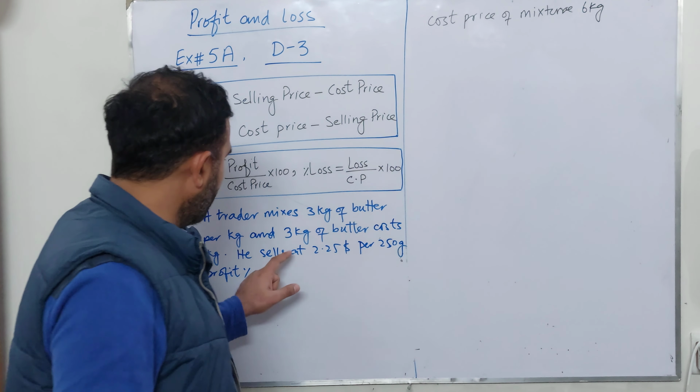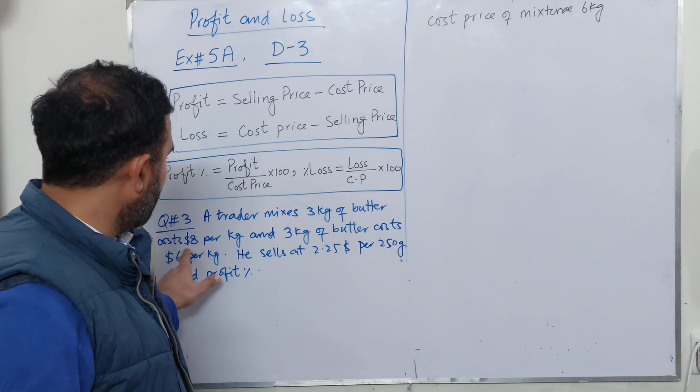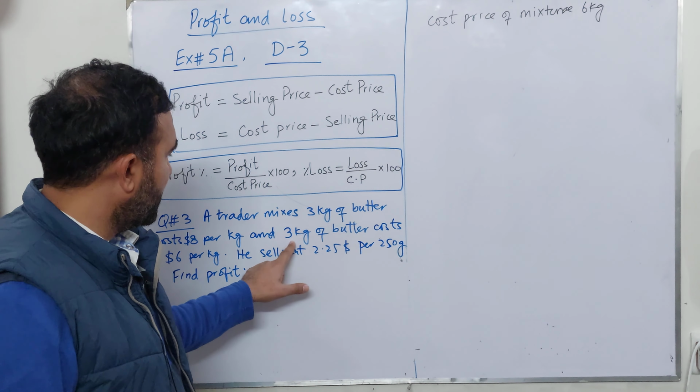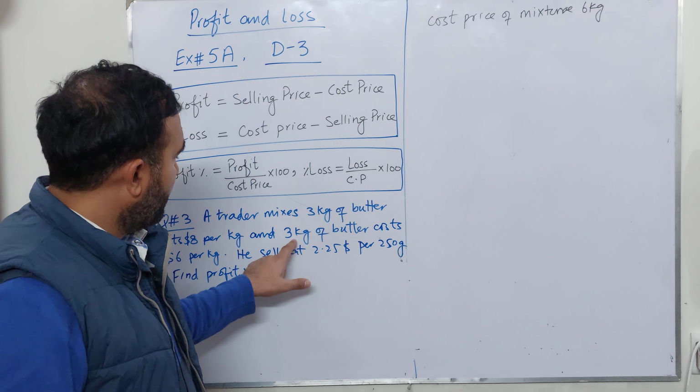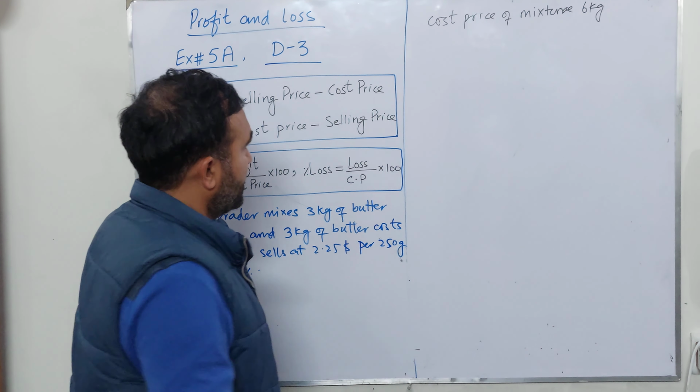So here we have 3 kg of one type of butter and 3 kg of another type of butter. So the mass of the mixture is 6 kg, right?